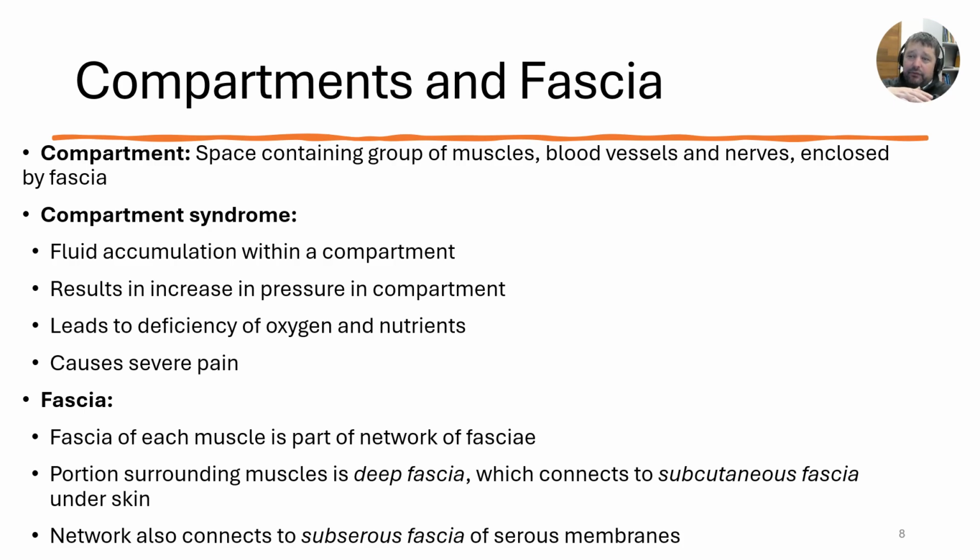And that fluid can build up between those fascial membranes, and that's what can really cause some of these compartment syndromes and stuff like that. So it can be a little more complex than just one fascia and the fluid that is associated with it.